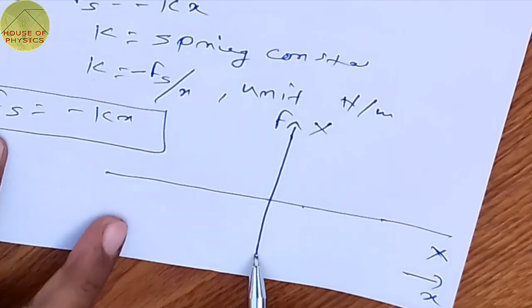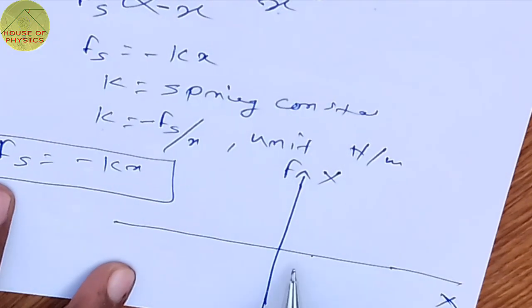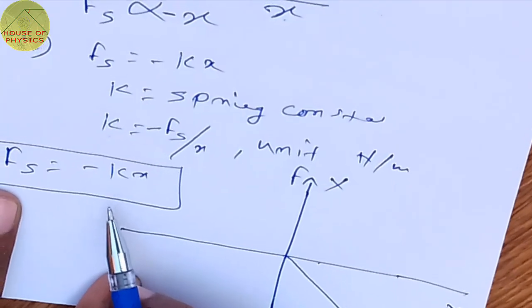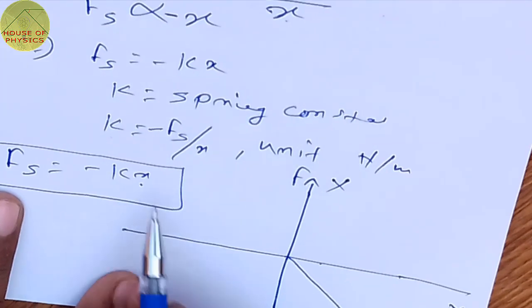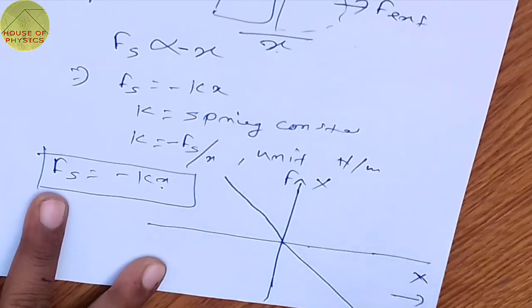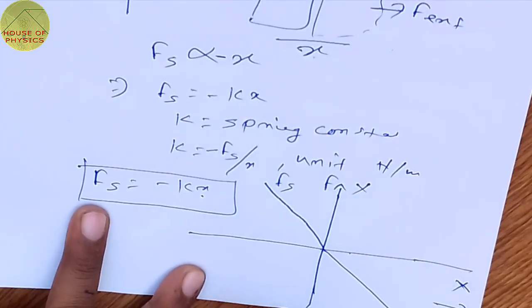So the force is positive in this direction and negative in this direction. X positive means force is negative, so the direction will be this. Since it is the equation of a straight line, y equals mx, the graph will pass through the origin. If we take x negative, the force will be positive. So this is the overall graph of the spring force acting on the body.